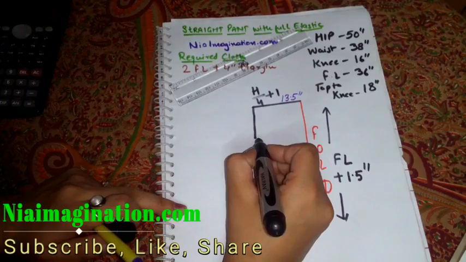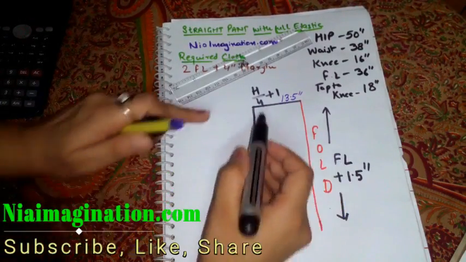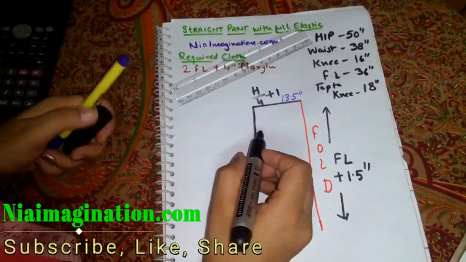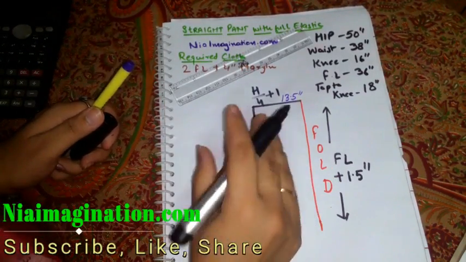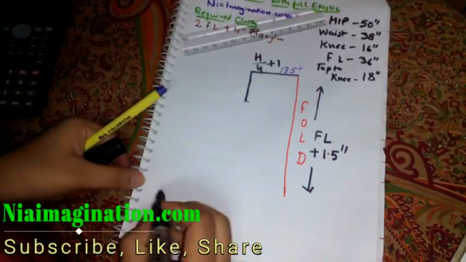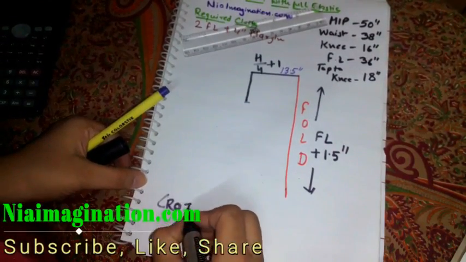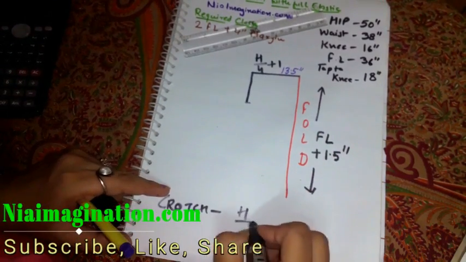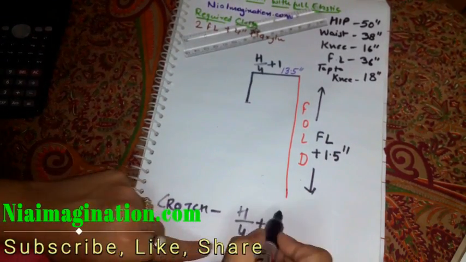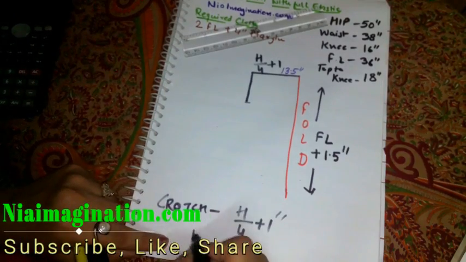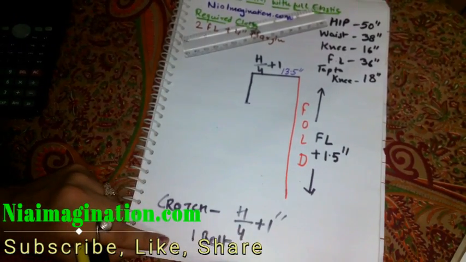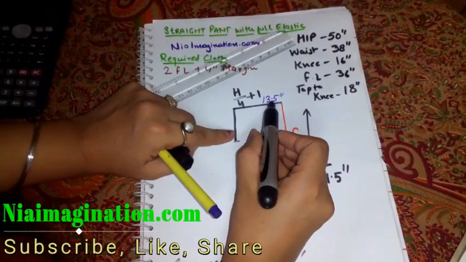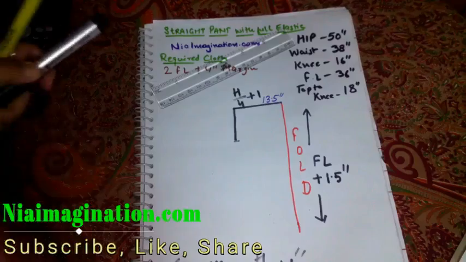So from here till here I am going to measure the crotch part. Okay, so for the crotch part I require, nowadays it is 13 inches total crotch. But if you ask me for the crotch formula, then it must be hip divided by 4 plus 1 inch plus 1 inch. Okay, so this is the formula for the crotch part, and this is the total crotch, but we are going to keep 1 inch for the belt, so after that you will subtract 1 inch for the belt.